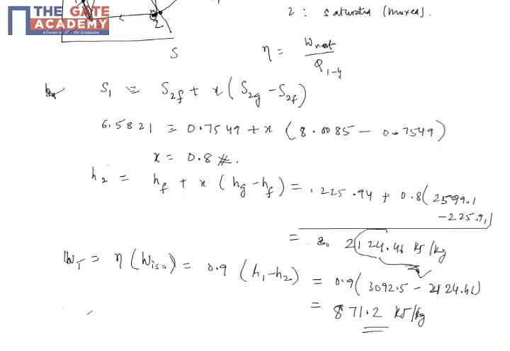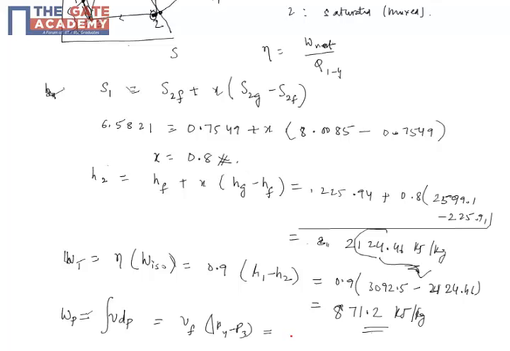Now, how do you get the pump work? The pump work comes from the integral of VdP, that is the specific volume times the pressure increase. This is how we get the isentropic pump work, which is in fact the increase in enthalpy from H3 to H4.